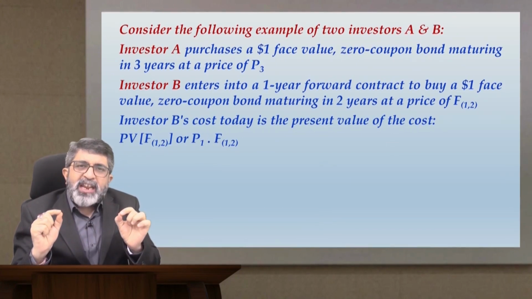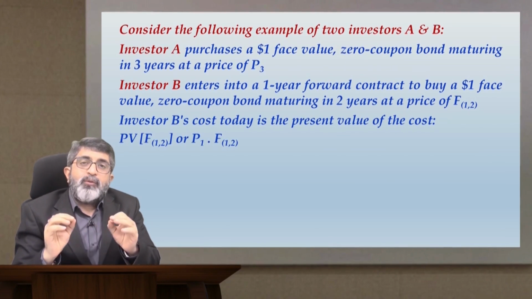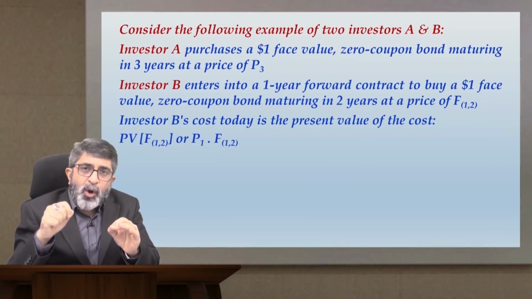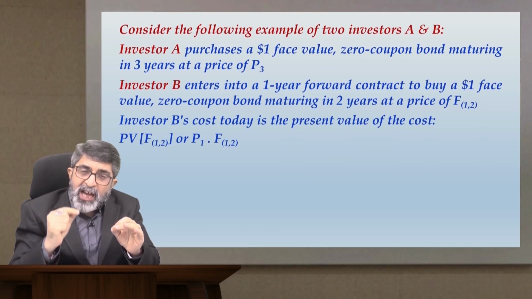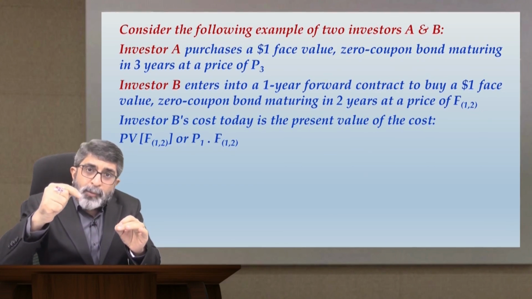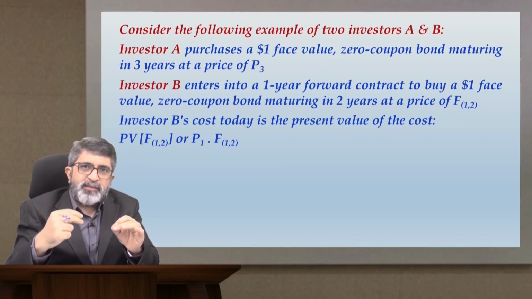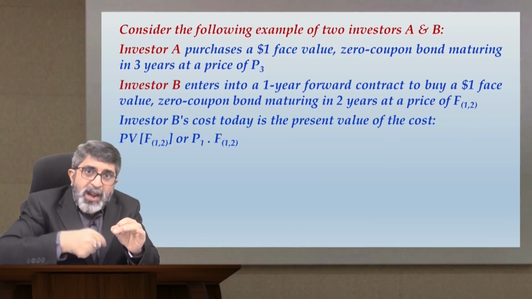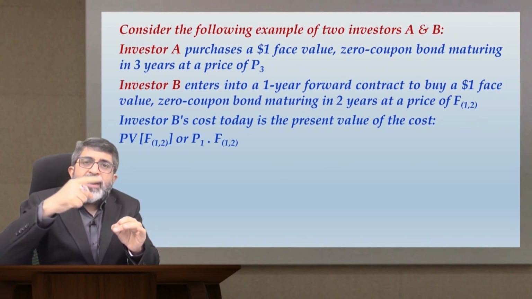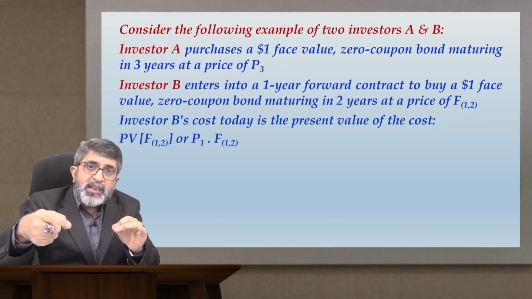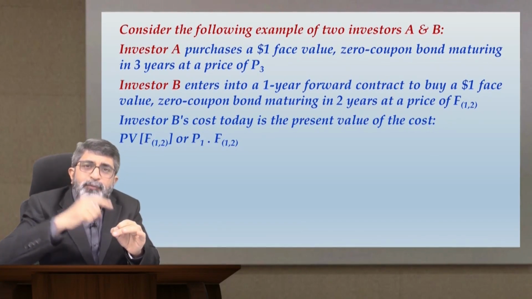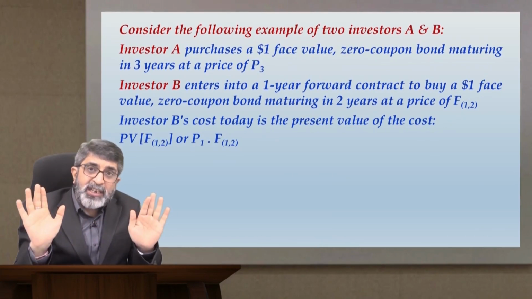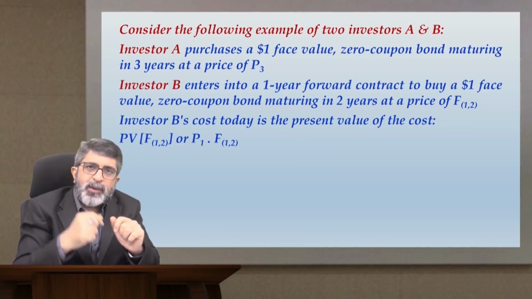I am focusing on investor B. Investor B is buying a bond which will initiate after 1 year, and from that point it will mature in 2 years. So from now, the bond will have a maturity date 3 years from now, but the bond hasn't initiated yet. The bond will initiate after 1 year.